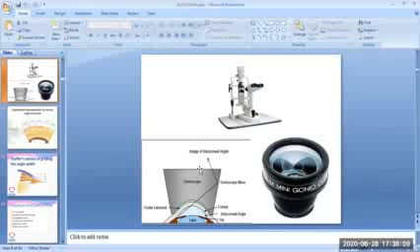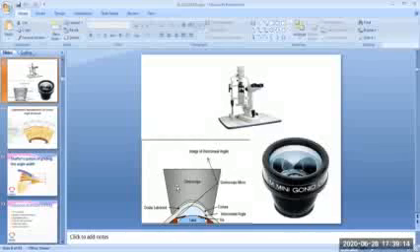This is a gonioscopic examination. How will we do the gonioscopic examination? This is a gonioscope, and here the mirrors are placed over this. This is how we will be able to see the iridocorneal angle.